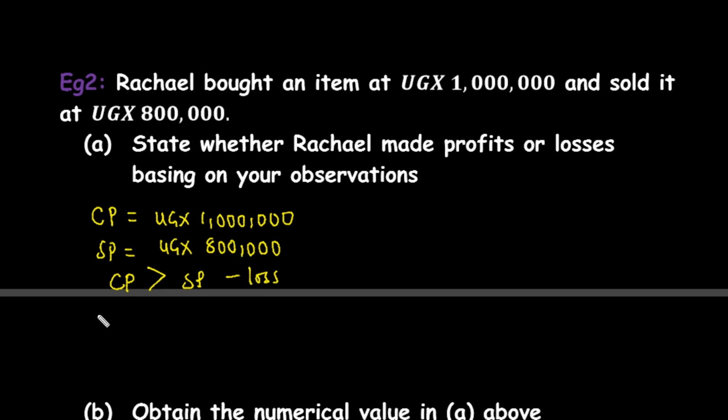That was part A. Now we have to calculate a loss. Remember we said that we calculate a loss from the formula: loss is equal to cost price minus selling price. Therefore, loss is equal to 1 million Ugandan shillings minus 800,000 Ugandan shillings.